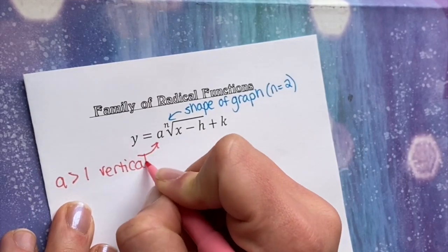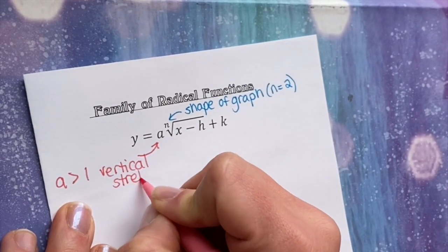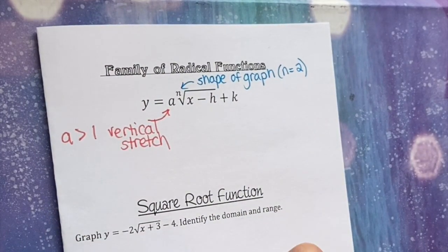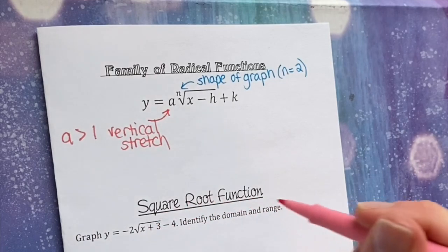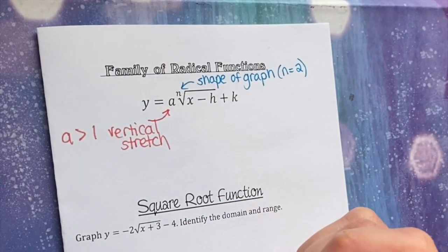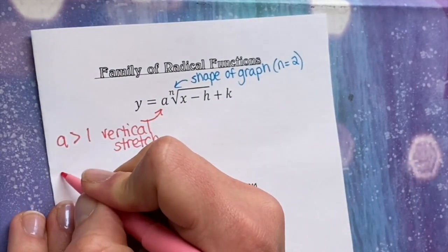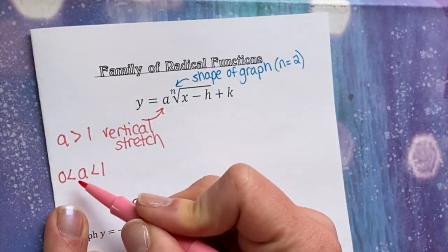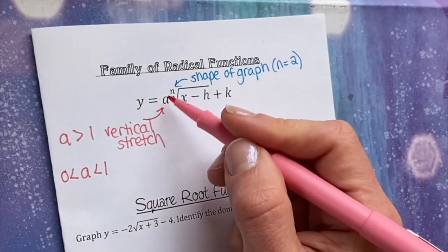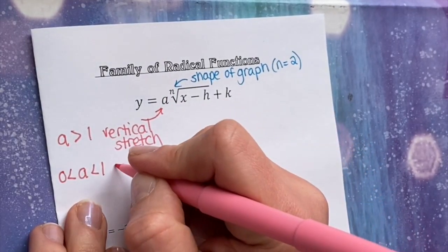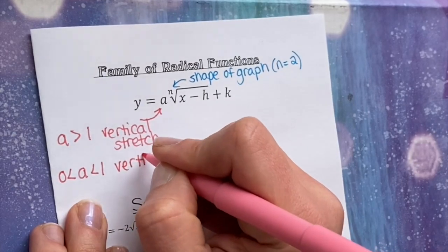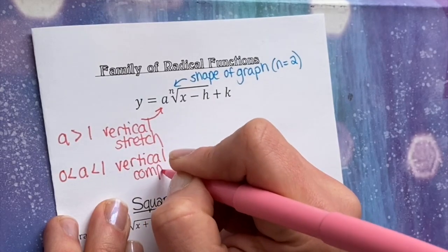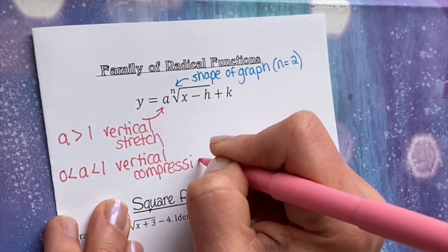the graph will have a vertical stretch. So in this case, the curve will start to increase more quickly, so it'll have kind of more of an arch to it. If A is between 0 and 1, so this is when we have a fraction, that represents a vertical compression.